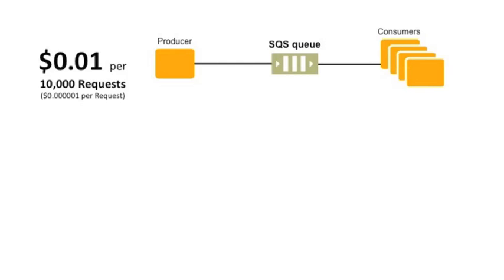So we might produce a message from one system, like an order taking system, that drops a message on an SQS queue, and then there are boxes or instances that consume those messages to process maybe an order or a video encoding job and so on. And SQS is extremely cost effective because it's 1 cent per 10,000 requests.